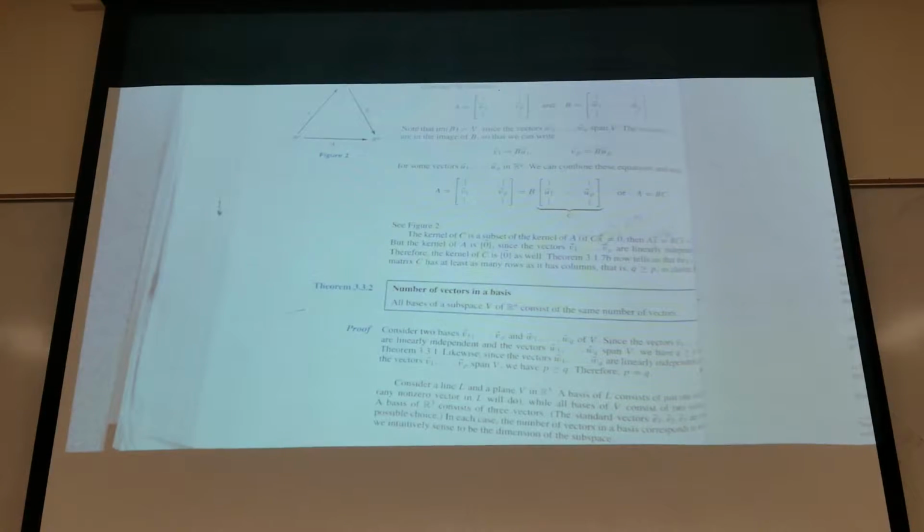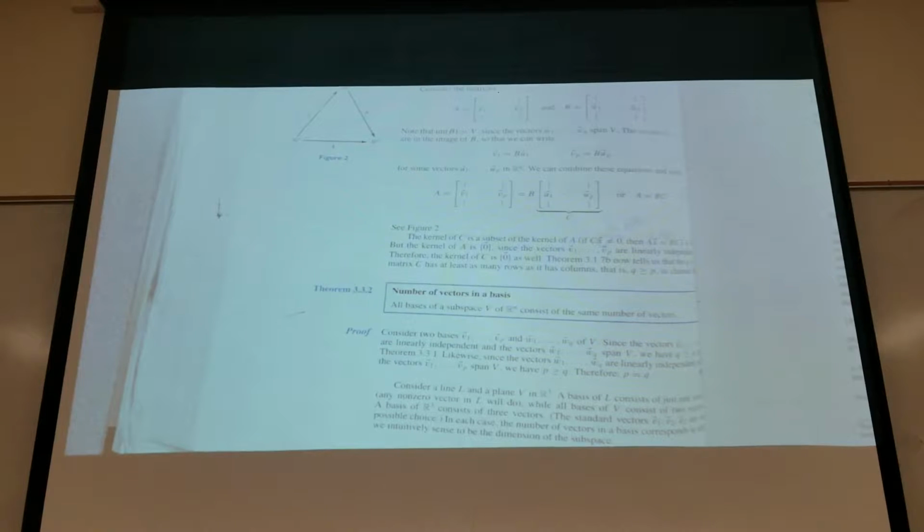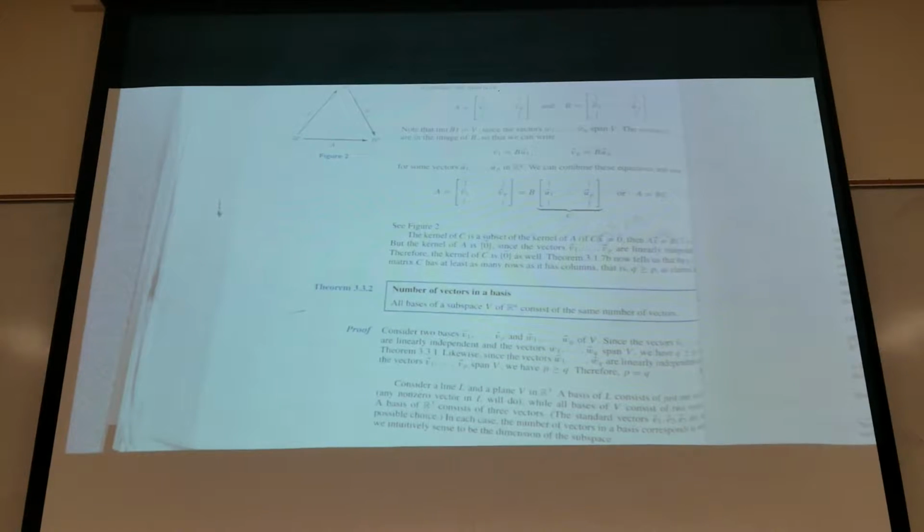These vectors are all in Rn, and V is a subspace of Rn. The other one is W1 through Wq, q of them. We want to show p equals q. They must be the same, and this common number is then the dimension.